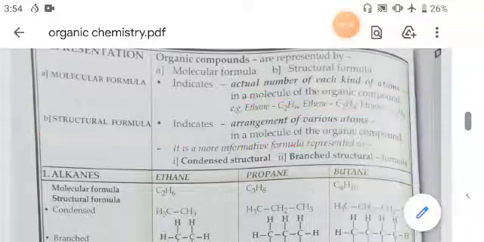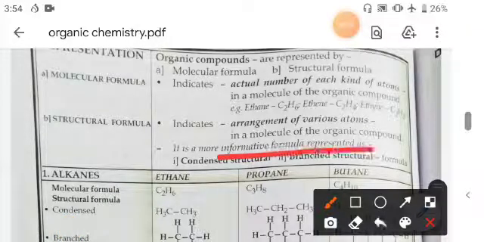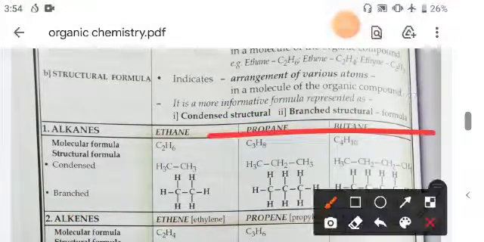And the structural formula indicates the arrangement of various atoms in a molecule of the organic compound. It is a more informative formula, and represents condensed structure and branched structural formula.